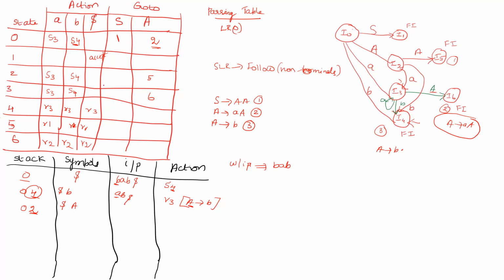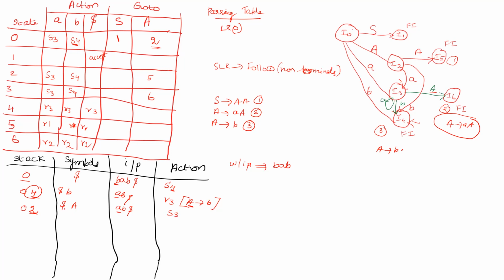2 on a we have to check. Here we have small a, capital B and dollar, as such. Now you apply 2 on a. 2 on a is a shift operation, it is S3, shift 3.